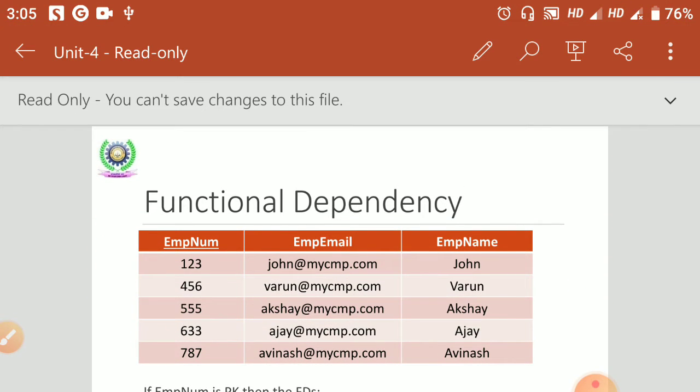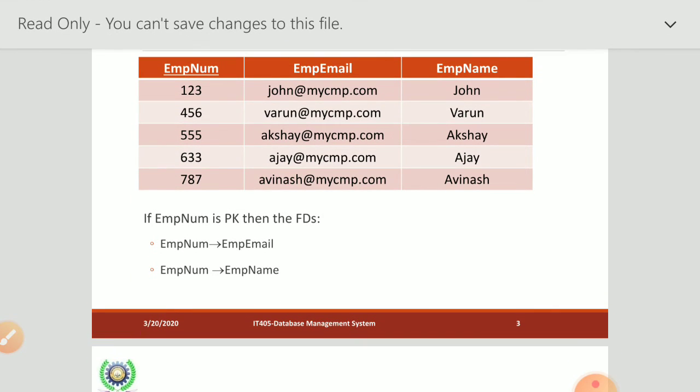This is a table. There are some attributes, meaning columns. We have three attributes: employee number, employee email and employee name. Determinant is always a unique attribute and minimal attribute. So here employee number is unique attribute, employee email is also a unique attribute, but we will choose a minimal attribute.